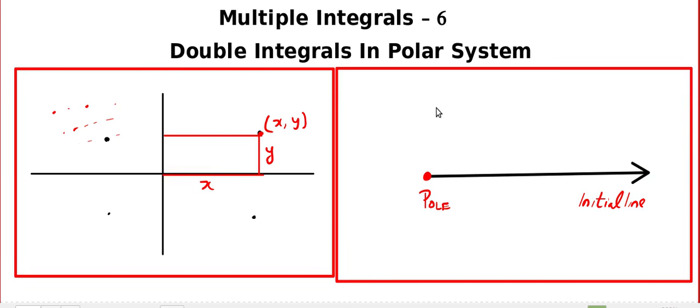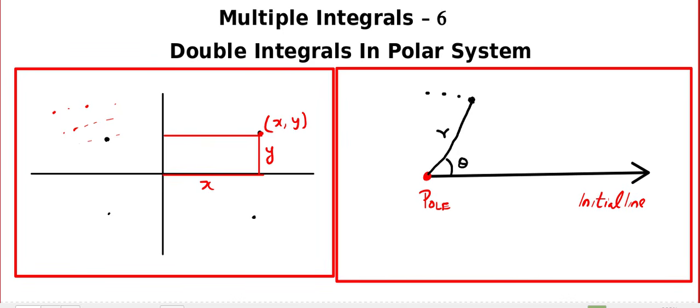Okay, now there are many points as I referred to before. But using this technique, for every point, we will measure the distance from the pole and this angle. Normally the distance will be denoted by r and this angle will be denoted by theta.